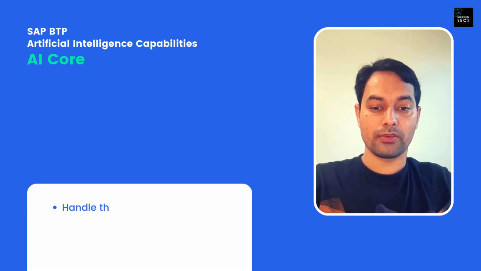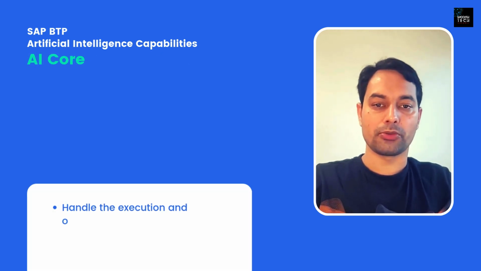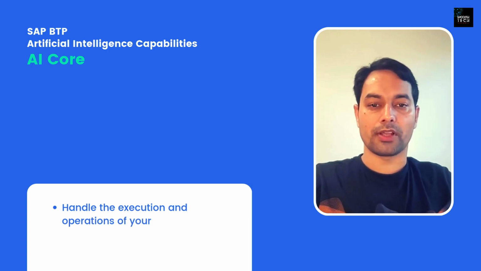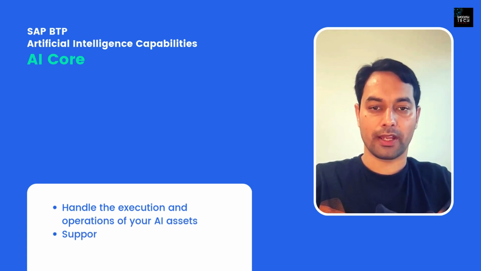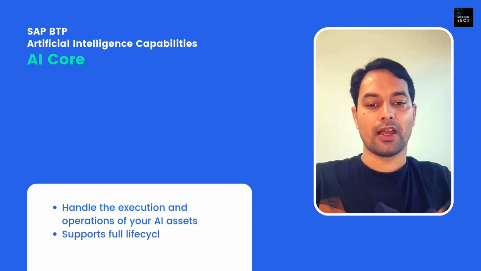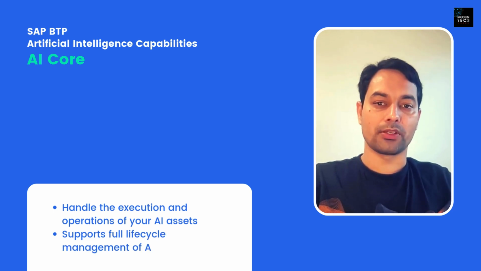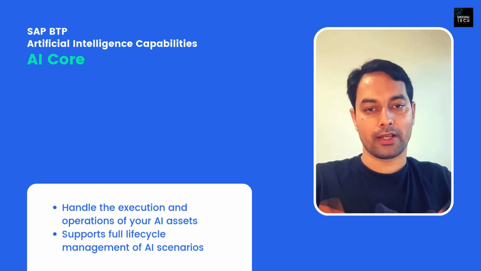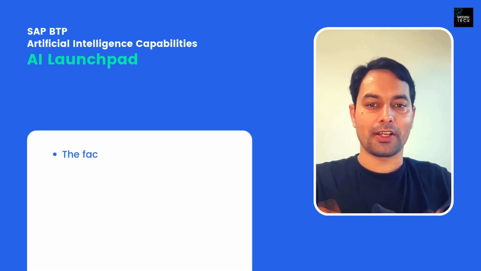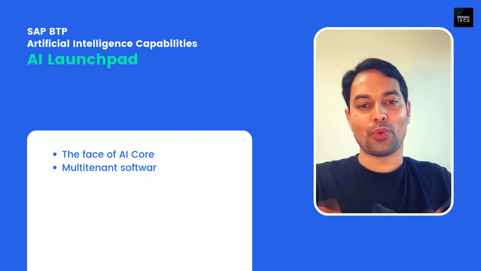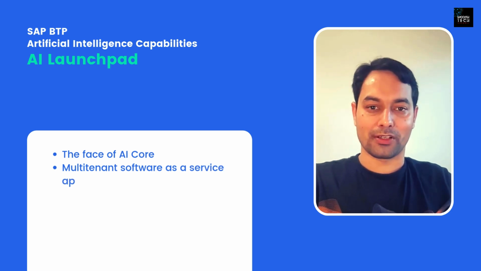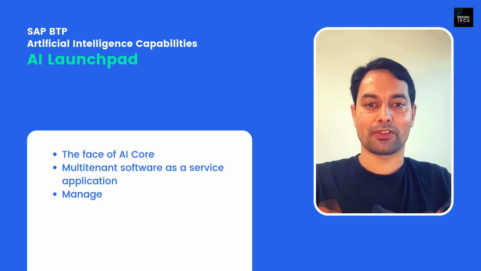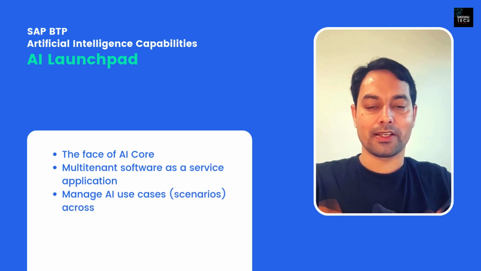The AI Core service is basically used to handle the execution and the operation of all your AI assets and scenarios, and it also helps you in managing the complete life cycle of your AI scenarios. I define AI Launchpad as the face of AI Core, where you can see the graphical user interface and interact with your scenarios and manage the lifecycle of your AI scenarios.